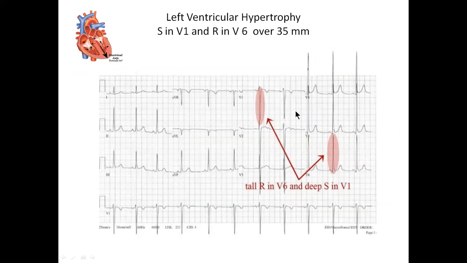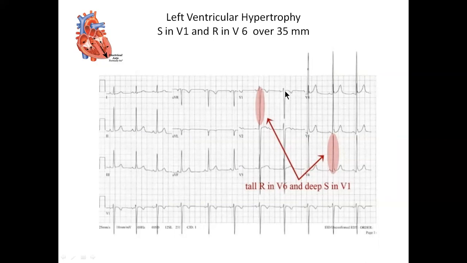And there are many criteria to diagnose left ventricular hypertrophy. I usually just remember this one for now, okay? So we look at V1. In V1, you see a deep S, right? The first upward stroke is a little r and a deep S.